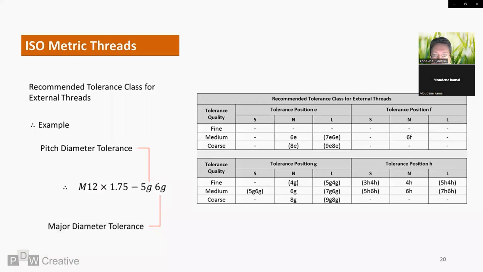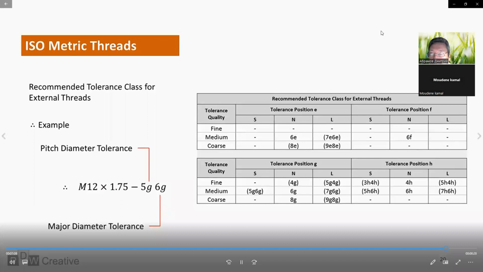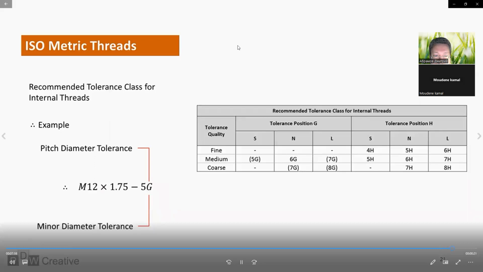Any combination shown in the tables here with only one letter and number offers the same class for both diameters. Recommendations are a little more limited for internal threads, but this is because only G and H deviation positions are specified for this.